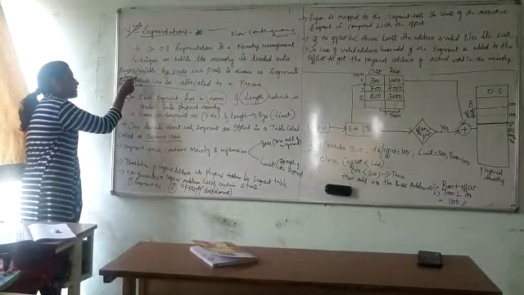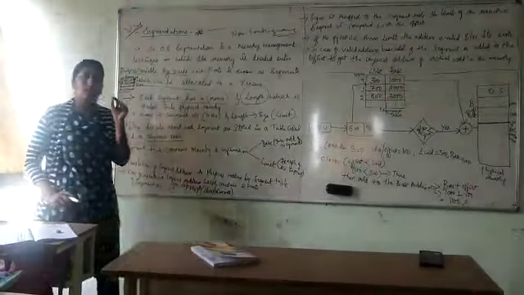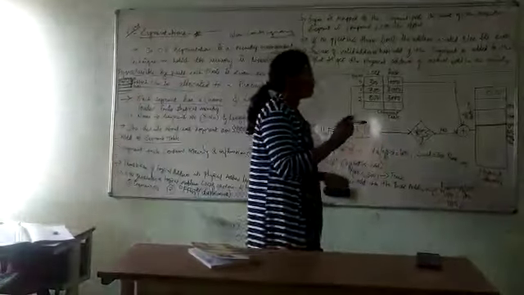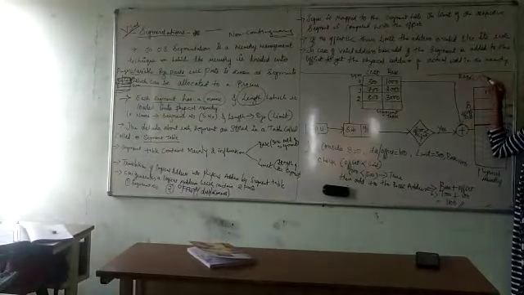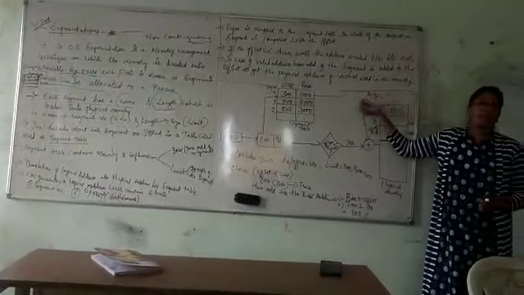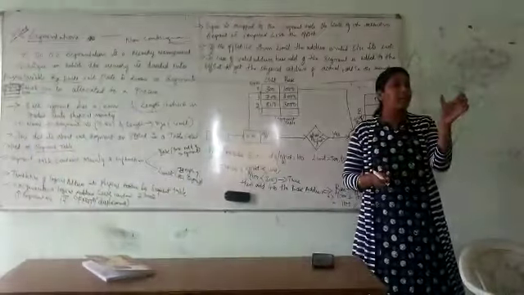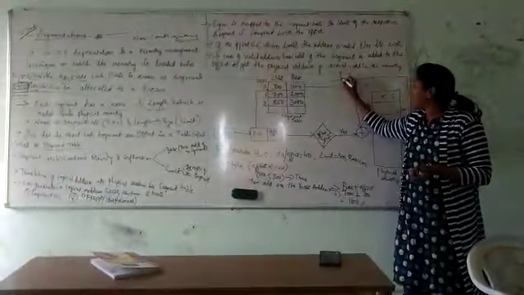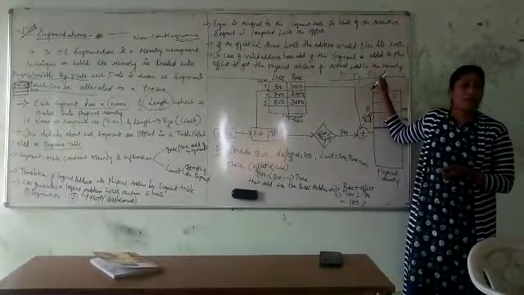What is the purpose? Segment number is normally used for unique identification, right? As a student has a register number or roll number for the unique identification of the student, in the case of my process, a segment number is given, so that if I say P1, P2, P3, each process has a unique number.